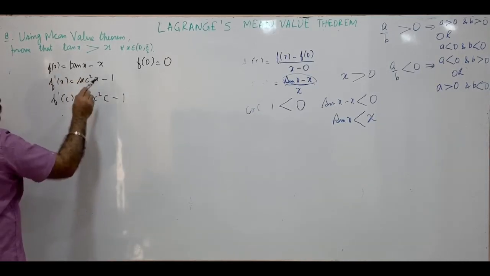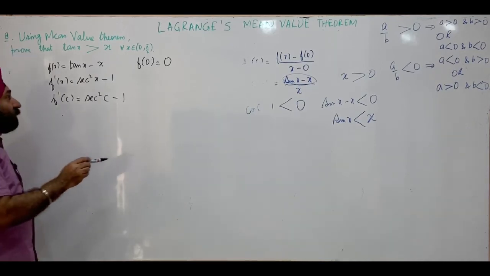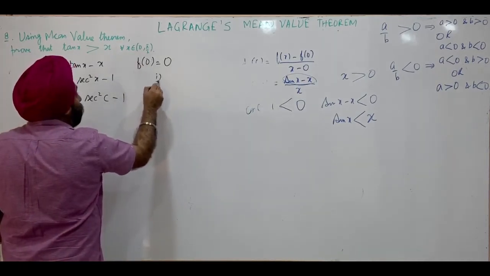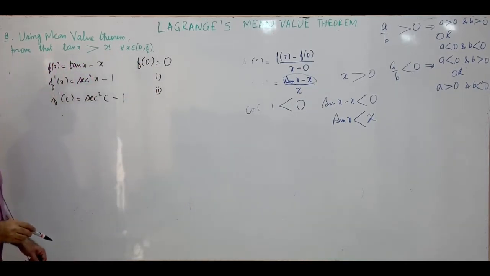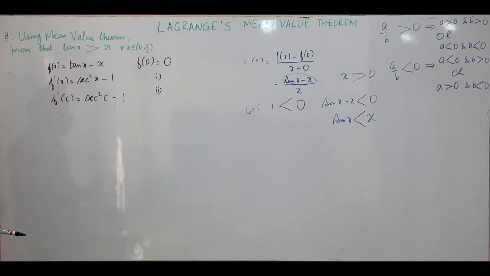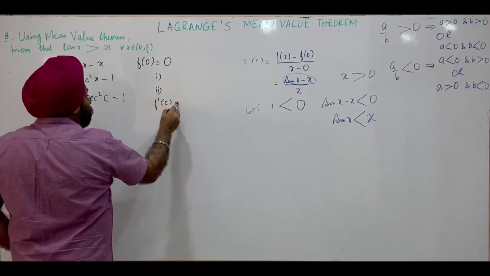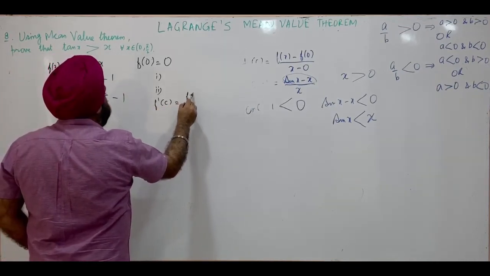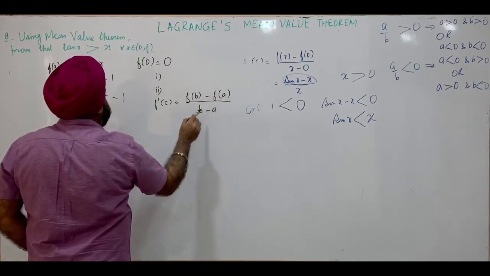So this function being the difference of two continuous functions is continuous everywhere, in particular for the interval 0 to pi by 2. Ditto for differentiability. This is differentiable, this is also differentiable, the difference is differentiable. Therefore, this function satisfies both the conditions of Lagrange's theorem. Therefore, Lagrange's theorem is applicable to the function, according to which f dash of c is equal to f of b minus f of a upon b minus a.